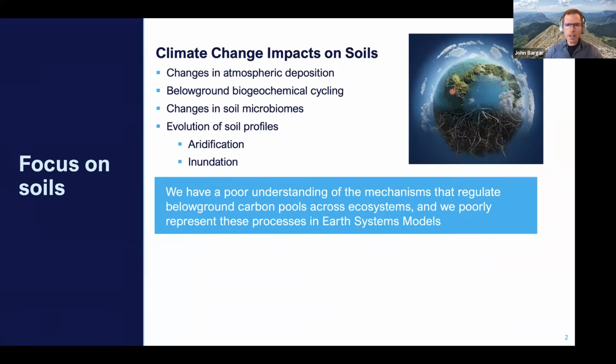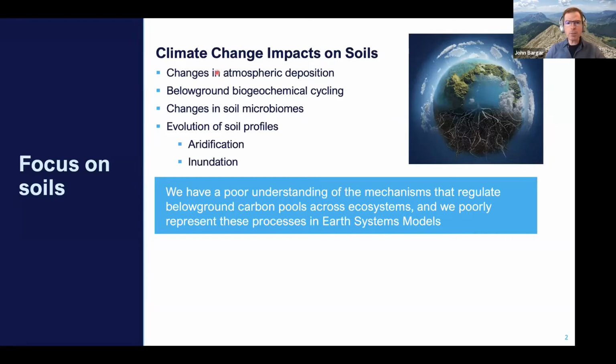Soils hold a vast amount of carbon, more than in the atmosphere and all the biomass on the planet combined. Another incredibly important point is that all this organic matter is located in direct proximity to the atmosphere. So there's active exchange between soils and the atmosphere. And this means that this carbon is highly vulnerable to climate change.